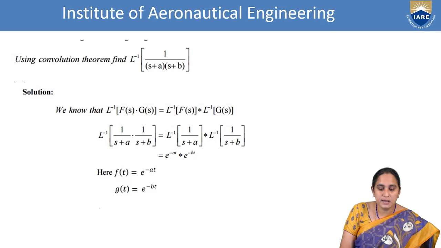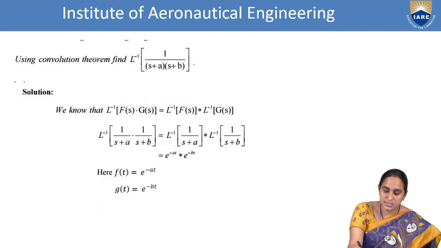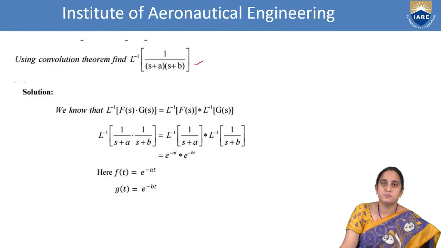Using the convolution theorem, find the Laplace inverse of 1 by (s plus a) into (s plus b). Here the functions in the given question are 1 by s plus a and 1 by s plus b.